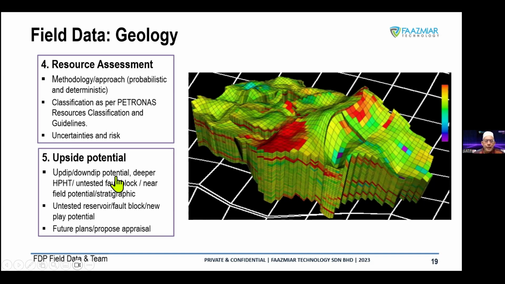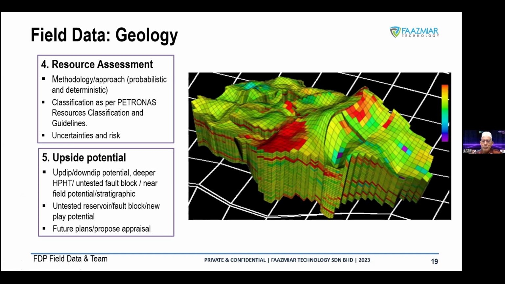Okay. This is approach probabilistic study. So of course, when you do all the analysis of the reserve, you're talking about probabilistic, deterministic, to show to Petronas, understanding about how you predict, how actually the ranges of uncertainty involved. Upside potential, of course, whenever we do the assessment here, we try to go to the base understanding about the potential of accuracy, but at the same time, we want to explain potential upside.